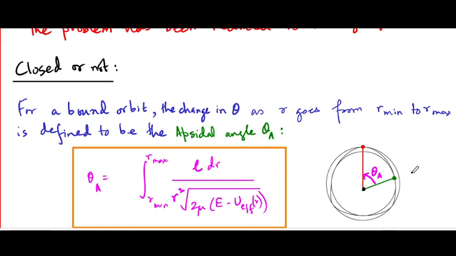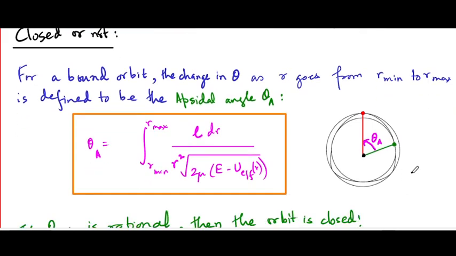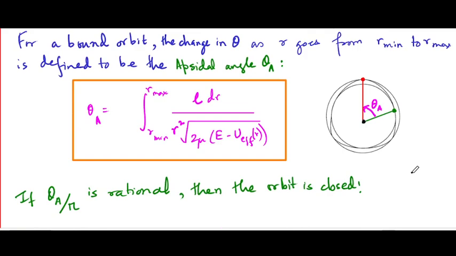The apsidal angle is actually very important for one very obvious reason. If theta a divided by pi happens to be rational, then after a sufficiently large number, possibly, of radial oscillations, you will find that radial oscillation and this cycling of theta, which happens every 2 pi, would coincide, and therefore you will land up at exactly the point where you started.